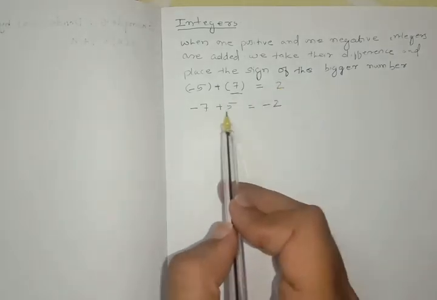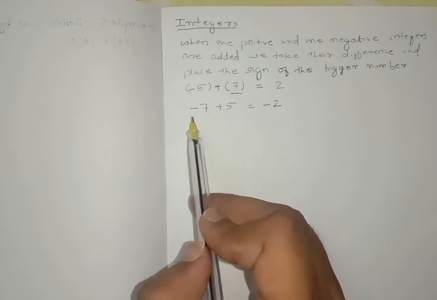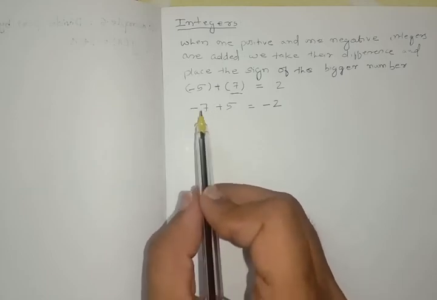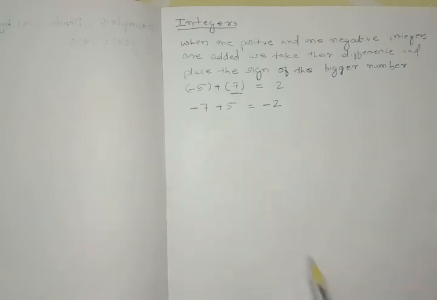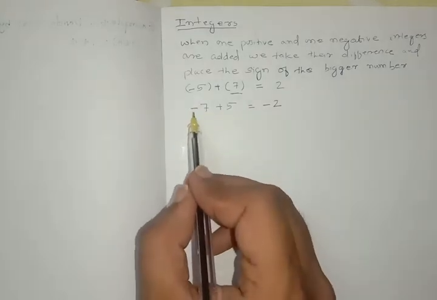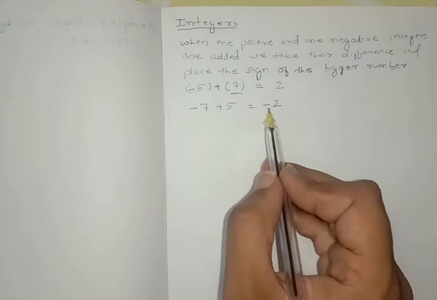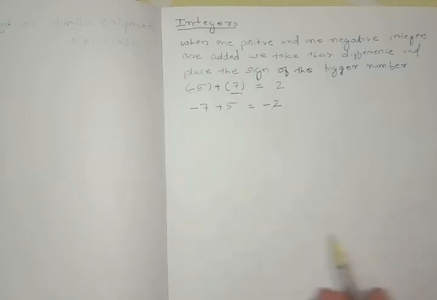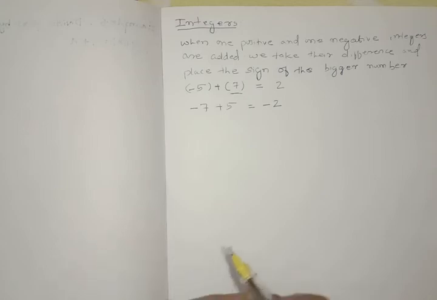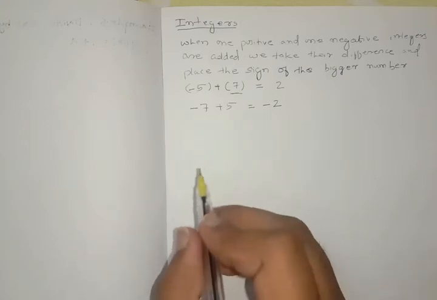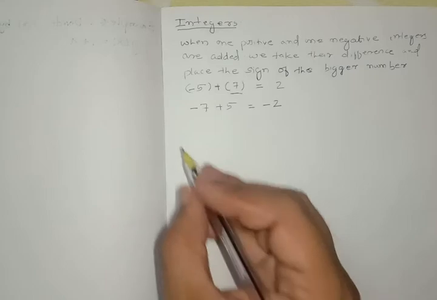If signs are different, students, we subtract and we take the sign of the bigger number. Now we'll see some examples of addition of integers and subtraction of integers both.